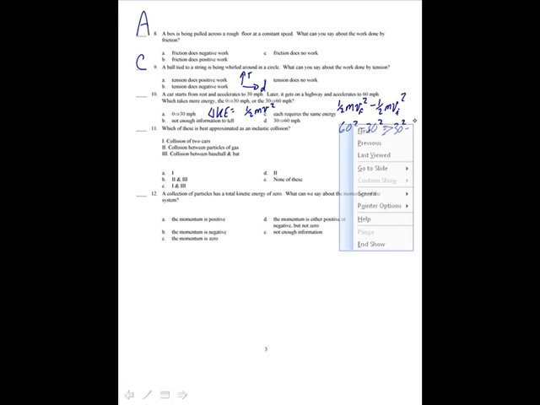Car starts from rest, accelerates to 30 miles per hour, then later accelerates to 60 miles per hour, which requires more energy? Our change in kinetic energy is 1/2 mv squared, so our change in kinetic energy is 1/2 m vf squared minus 1/2 m vi squared. And the point here is that 60 squared minus 30 squared is greater than 30 squared minus 0 squared.